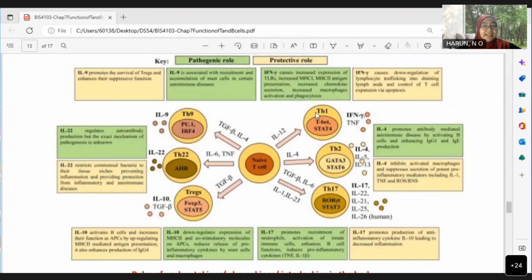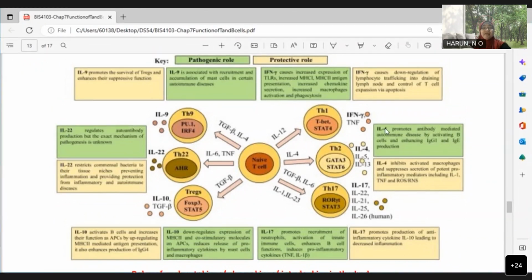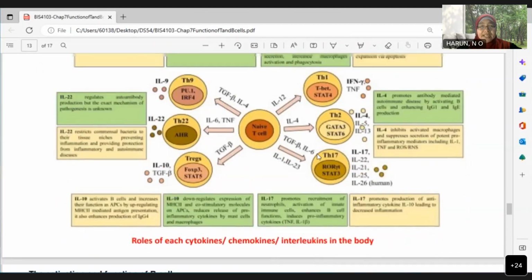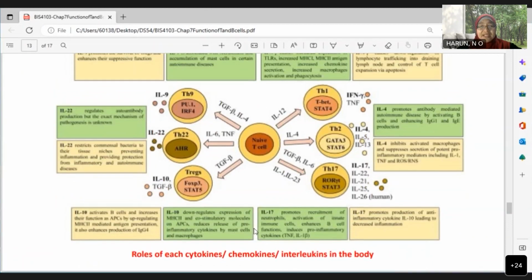Apart from that, we have IL-22, IL-10, IL-17 and also IL-4. This is what we have, the roles of the interleukin and also interferon or chemokine groups. Okay, IFN and TGF are the chemokines, and also the CC ones from earlier.